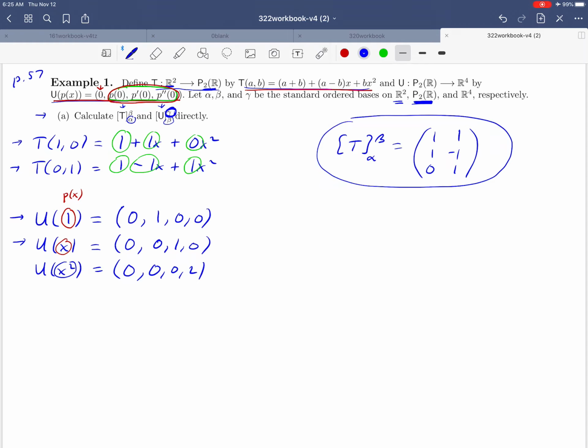So we want to take all three of our outputs and write them as linear combinations of the basis vectors in gamma. And the nice thing about the basis gamma is it's just the standard ordered basis for R4. So if you take this 4-tuple, for example, all we want to do is to write it as a linear combination of the standard basis vectors.